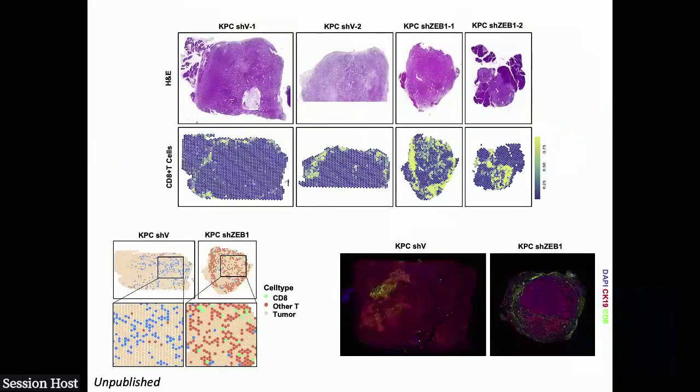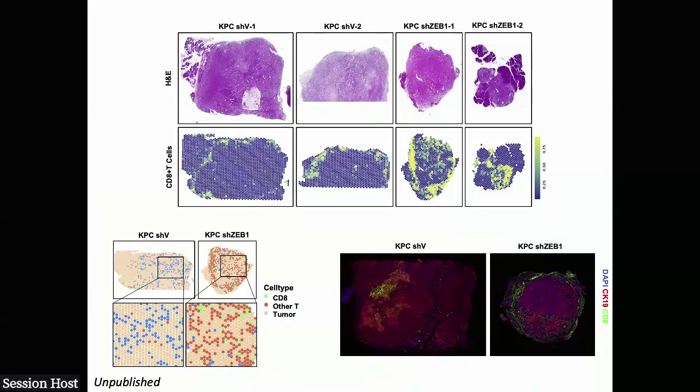And next, in order to investigate the spatial change of especially CD8 T cells, we did spatial transcriptomic screening, and we found, compared with the control group, that knockdown of ZEP1 significantly increased CD8 T cell infiltration, especially in the tumor central part, where we can see more CD8 T cells. And we did crosstalk analysis, and we found knockdown of ZEP1 in the tumor tissue significantly increased GZMA positive CD8 T cell infiltration.